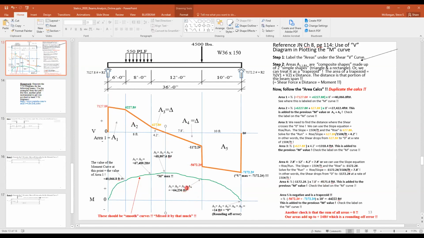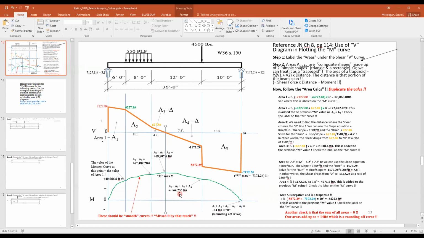You're right, but you have to assign the sign of the areas. And area 4 is negative. That's the sign of it, plus minus, not the sine of an angle. It's plus minus. Okay. So that gets us to 64,236. Run those numbers in your calculator. Make sure I'm doing it right.